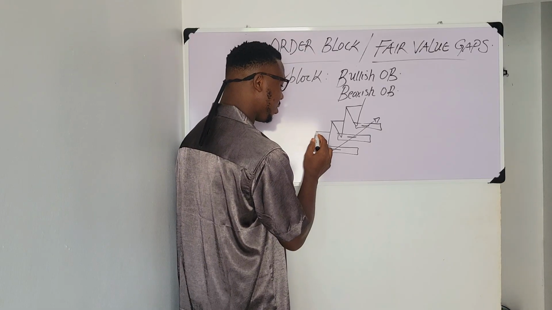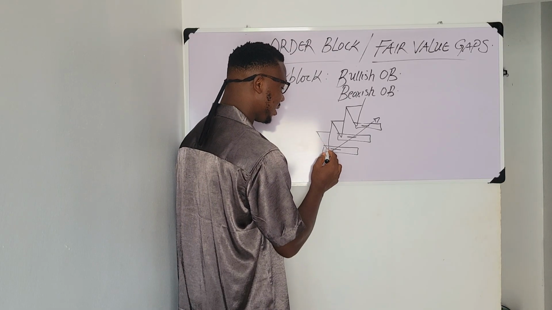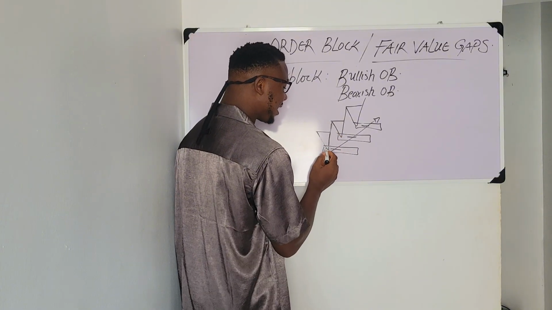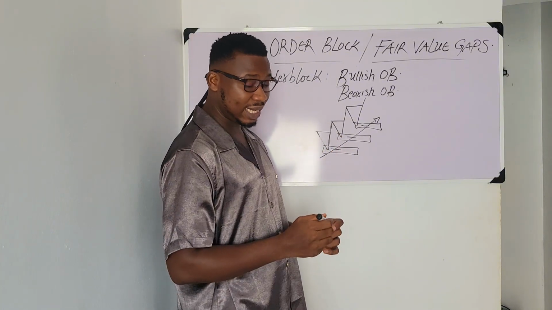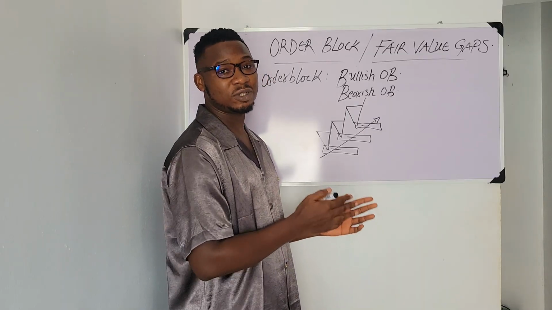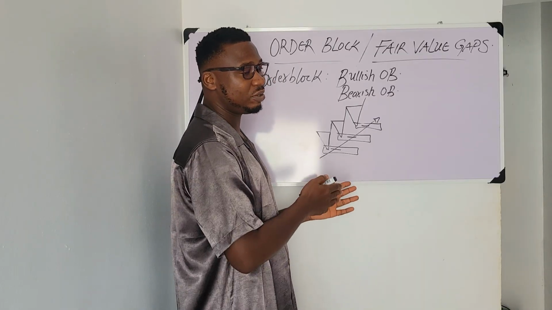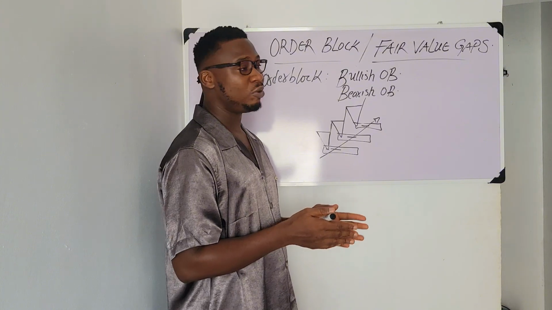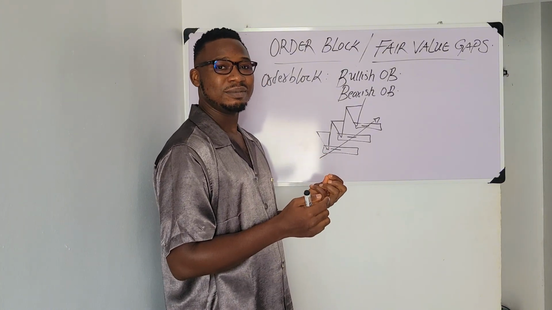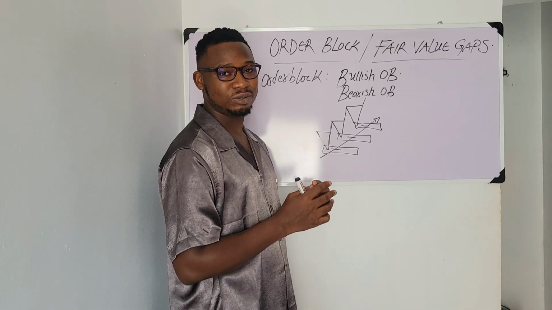You see that when this came down to this point, it moved and then it broke structure. When I take you to the live chart, I will show you, because in the chart we have different colors. There are red candles, there are green candles. So maybe in that chart you'll be able to understand when I mean the last bearish or red candle.